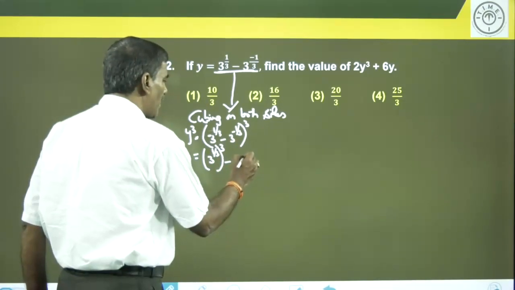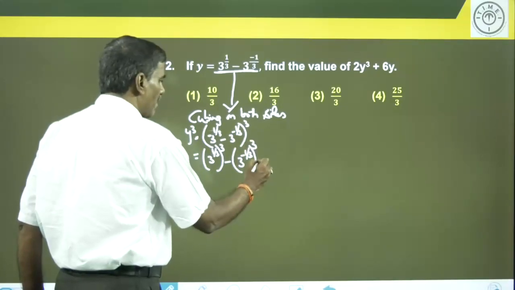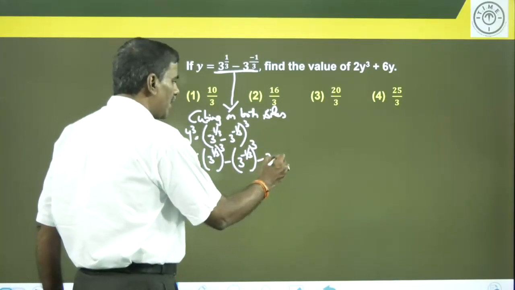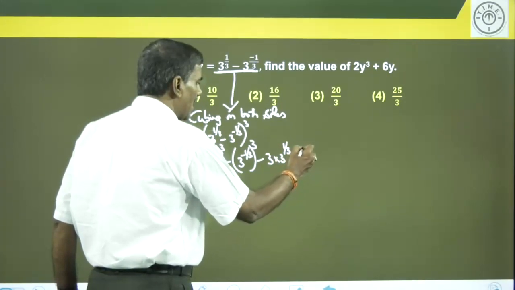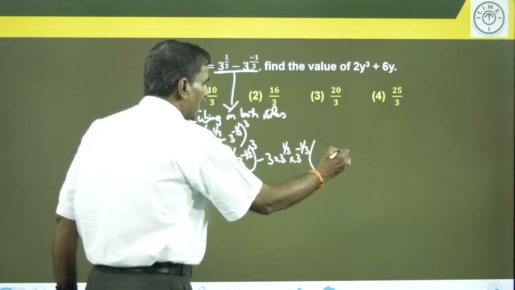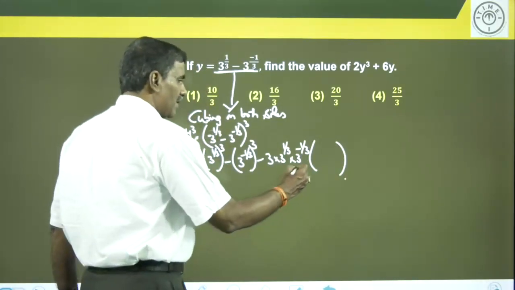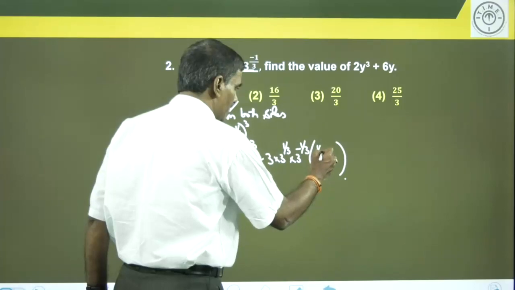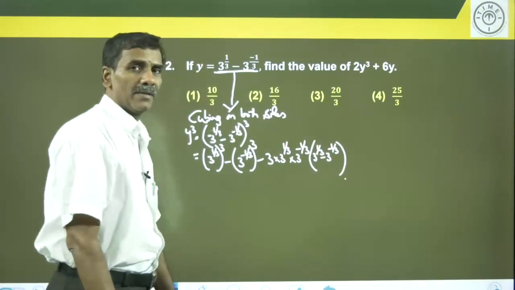Minus (3 power minus 1 by 3) whole power 3. Minus 3ab: 3 into 3 power 1 by 3 into 3 power minus 1 by 3 into basically (a minus b), that is (3 power 1 by 3 minus 3 power minus 1 by 3). This is what we are having there, right?